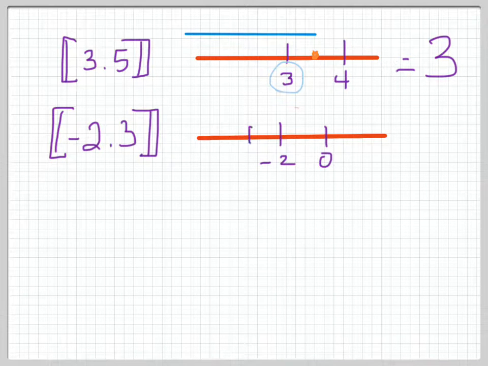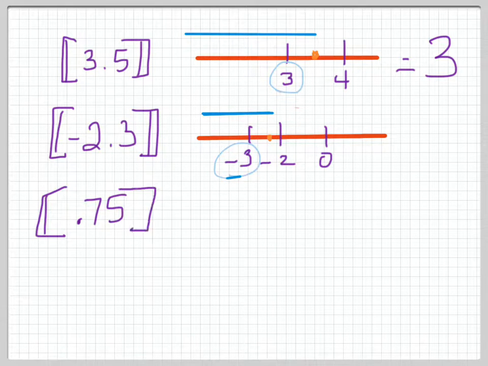Negative 2.3 is actually lower, so it's between negative 2 and negative 3. It's located about there. Once again, we're asking ourselves, going from the negative side, our value continues till we get to the orange point, and what is the greatest integer that we pass getting to that value, and that would be negative 3.